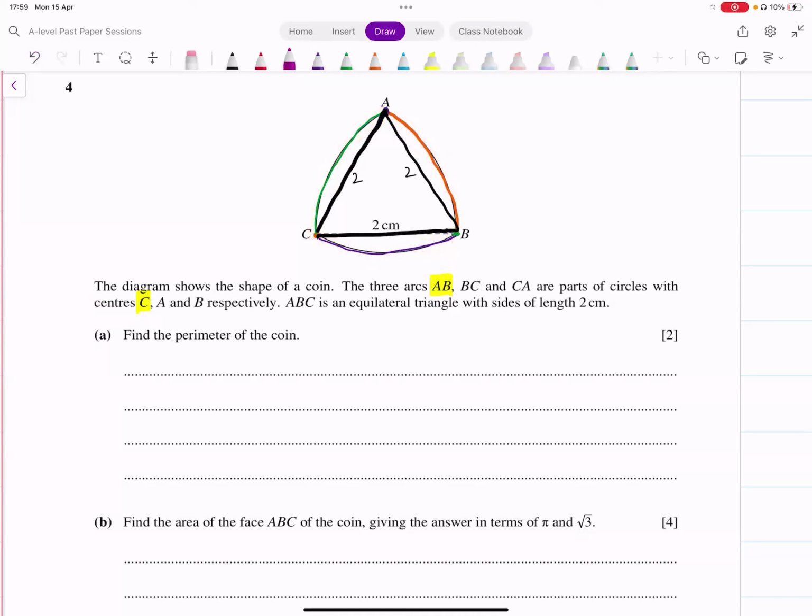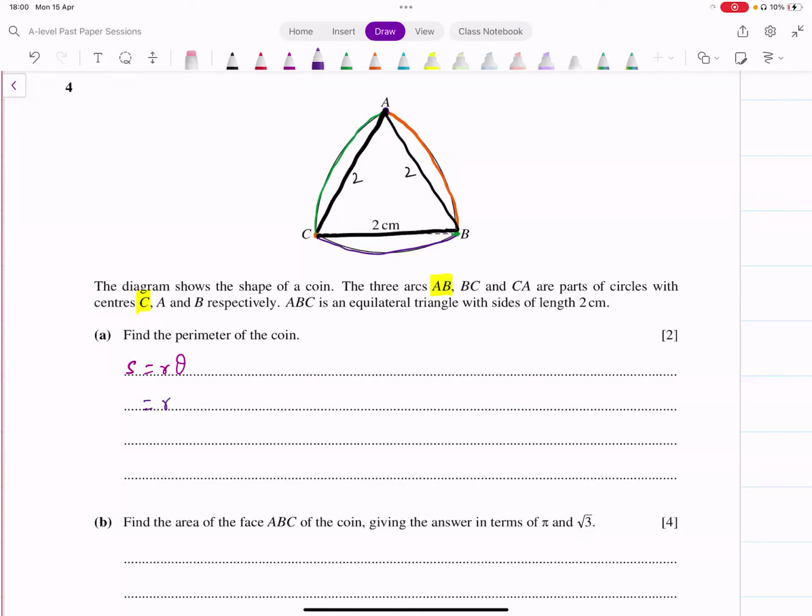Now, what's the arc length formula? S equals r theta. Now, remember, for using this formula, your angle has to be in radians. Do not forget that. We have the radius already. Radius is 2. What about the angle? What's the angle going to be? It's an equilateral triangle.